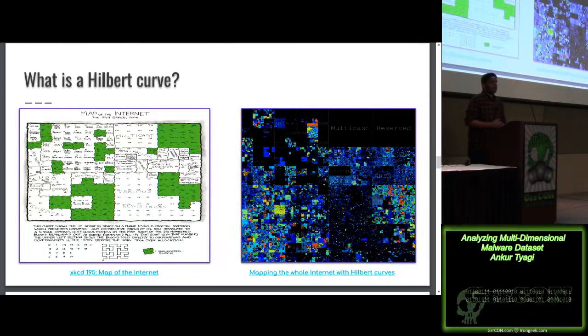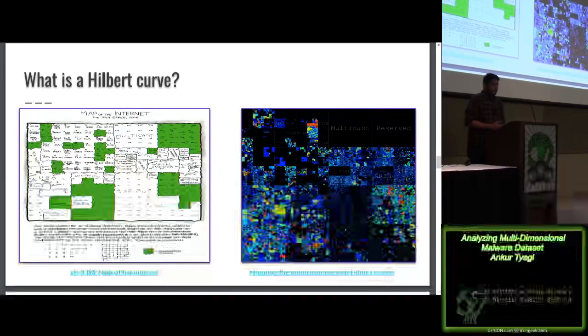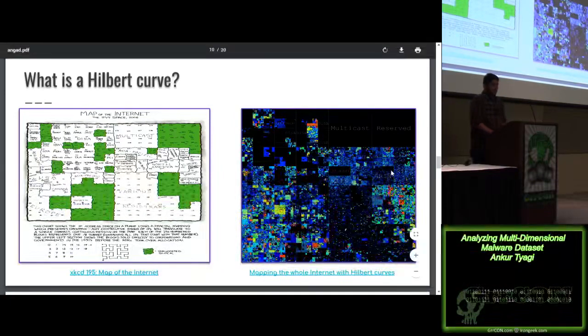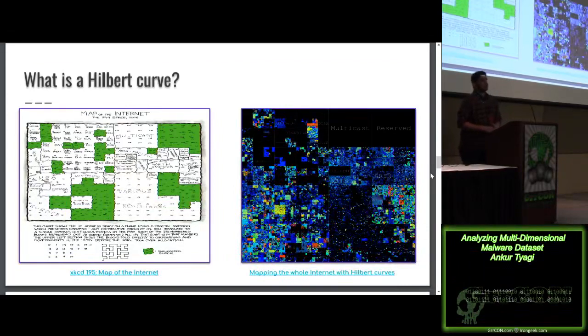Hilbert curves have a very special property: all the elements within the input set that are similar will be grouped together. As you can see, we have groups of multicast addresses and various registries grouped together. This is a hand-drawn map, and the one on the right is an algorithmic generation of the same content, but much more accurate than the one on the left.